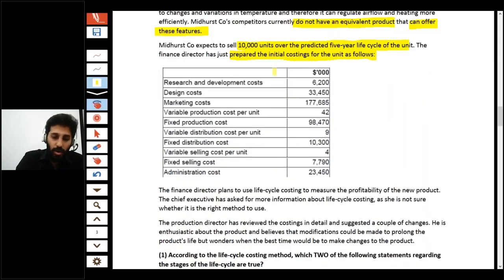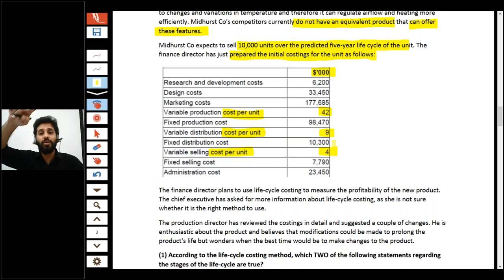All the things are in triple zero, right? These are the things you need to calculate in triple zero. But one thing to be noted is that some of these costs are on a per unit basis, and this is for the 10,000 units.